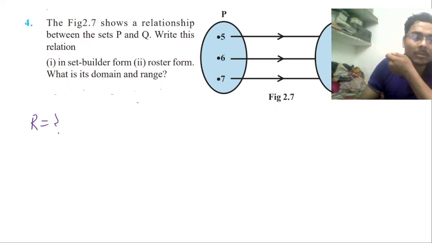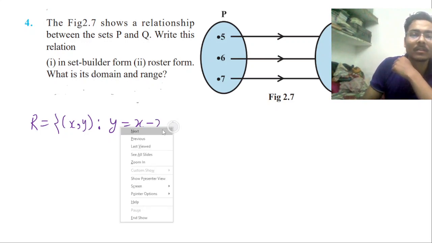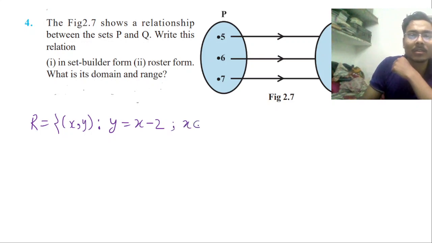R is equal to x comma y, such that y is equal to x minus 2, where x belongs to P and y belongs to Q.